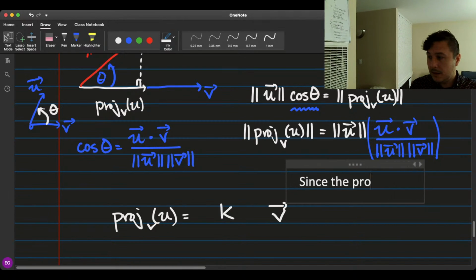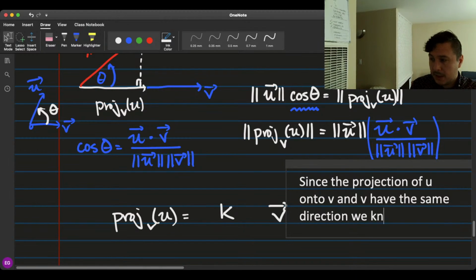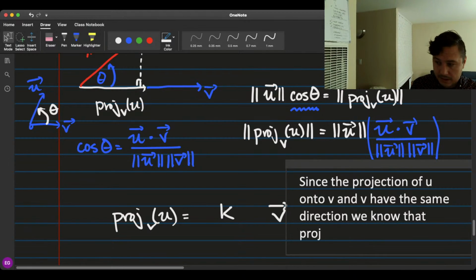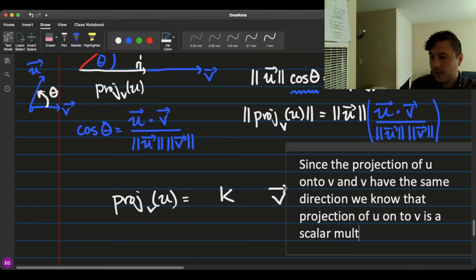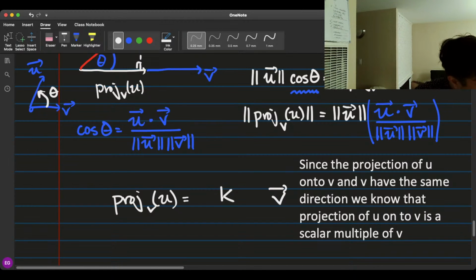Since the projection of u onto v and v have the same direction, we know that the projection of u onto v is a scalar multiple of v.